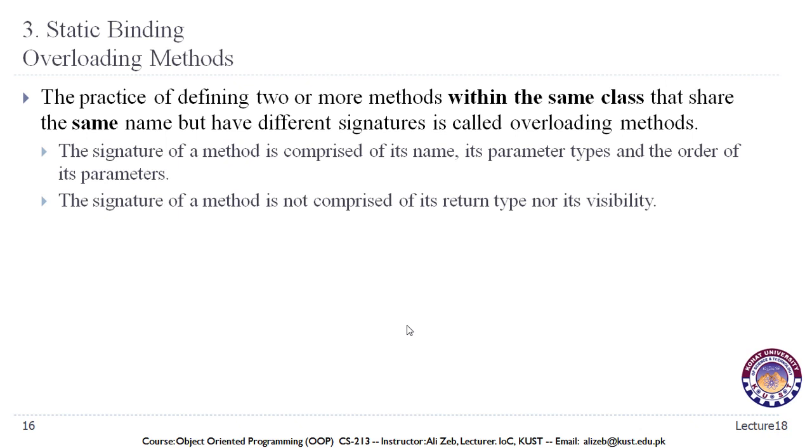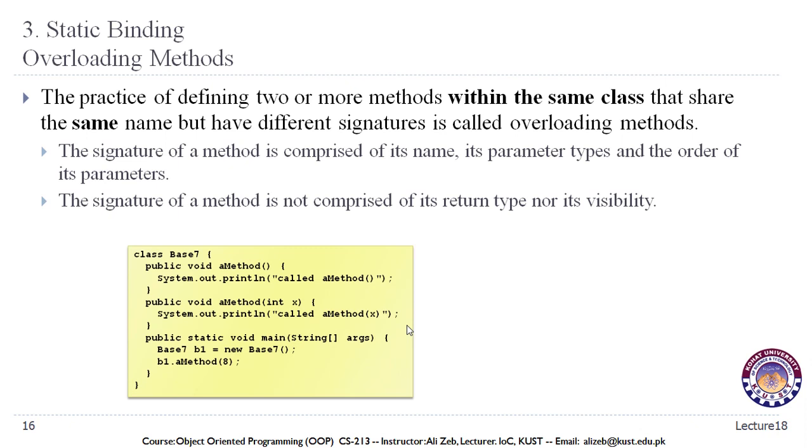The signature of a method is not comprised of its return type nor its visibility. The access modifier and the return type are not part of the signature. It's only the name of the method and its parameters. That is called the signature of the method.